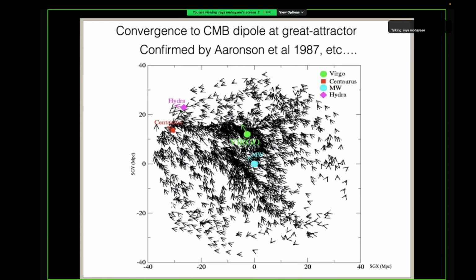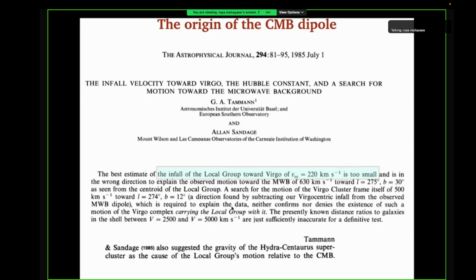And then people came and said, oh, no, Virgo cannot explain the CMB dipole completely. You also need to go all the way to the great attractor at about 50 megaparsec. So this was put forward also by Tammann and Sandage. Okay, Virgo cannot explain it. You have to go to the great attractor. You have to go far away.